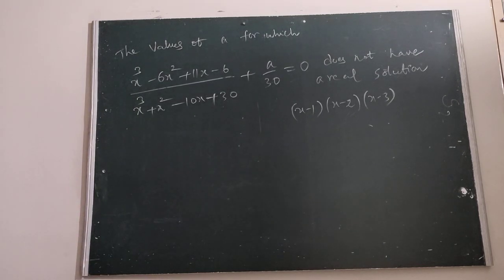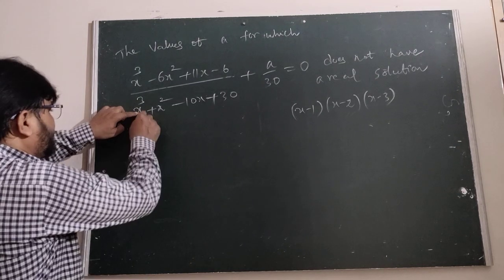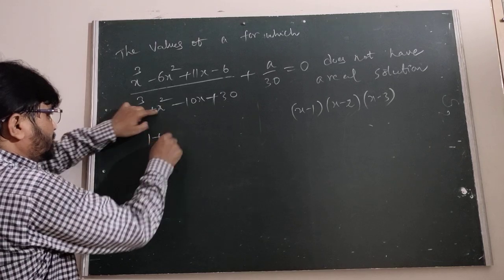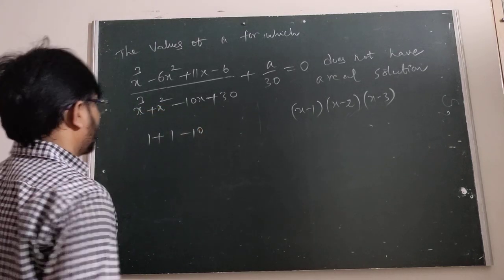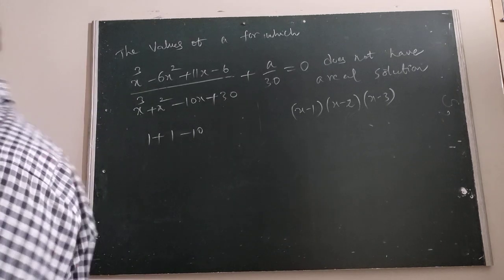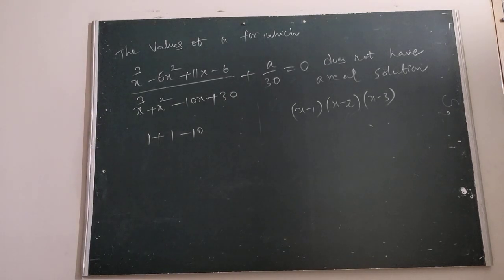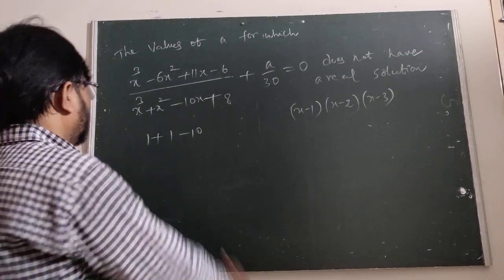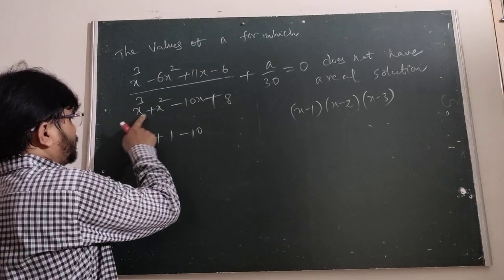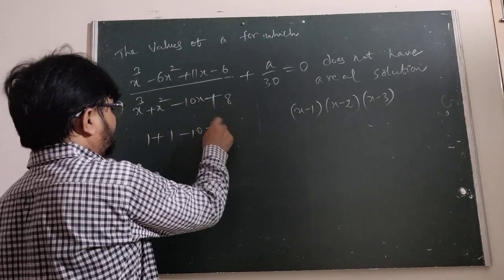In the denominator also we can observe, if we take x equal to 1, 1 plus 1 minus 10. Here the denominator is x cube plus x square minus 10x.